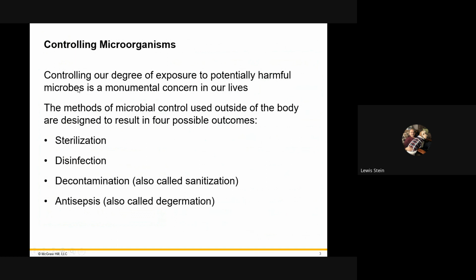So the key player is sterilization. Sterilization is the destruction of all microbial life, including bacterial endospores. The caveat to all of this is that it does not include prions at this point in the definition.